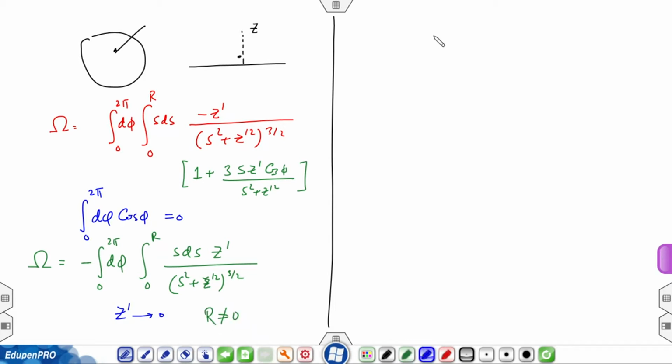So, I can take s equals z prime tangent of theta, and then omega comes out to be minus integration 0 to 2 pi d phi, integration 0 to pi by 2, because z prime is tending to 0, r is always greater than z prime.